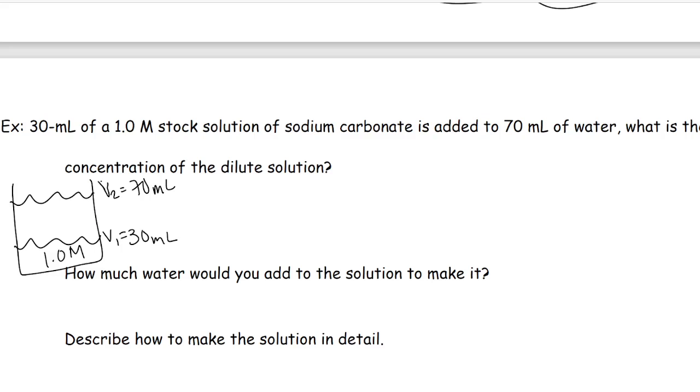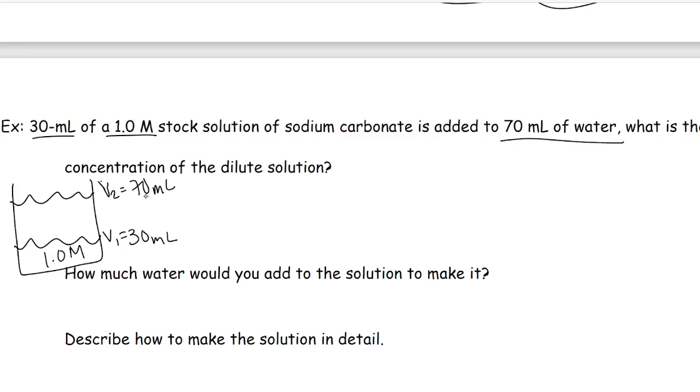Lower. Why? Because you're adding water. So you have the same amount of solute dissolved in more solvent. So then to figure this out, oh, actually, no, I said this wrong. 30 milliliters of a 1 molar stock solution of sodium carbonate is added to 70 milliliters of water.